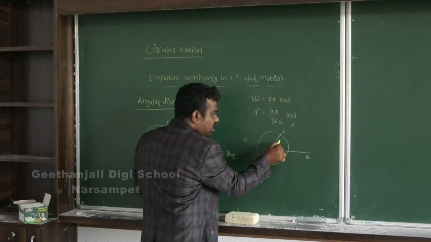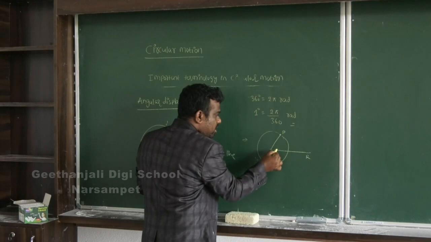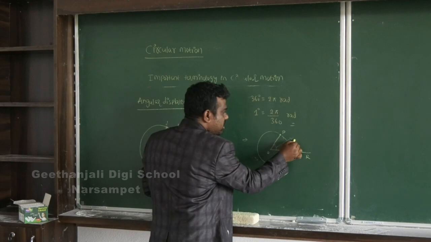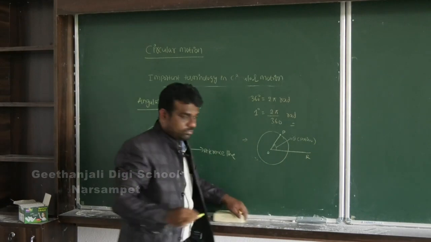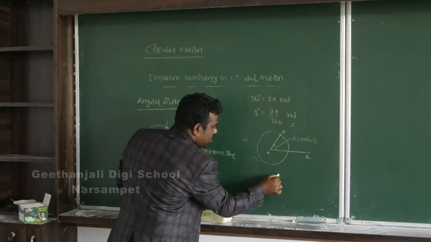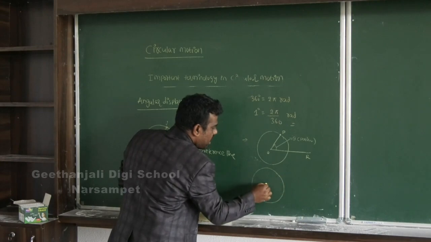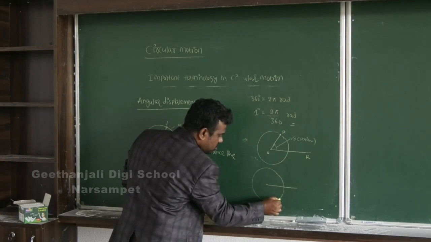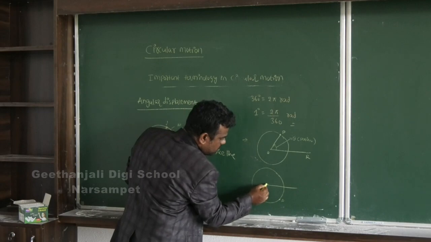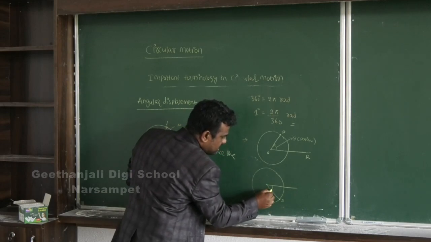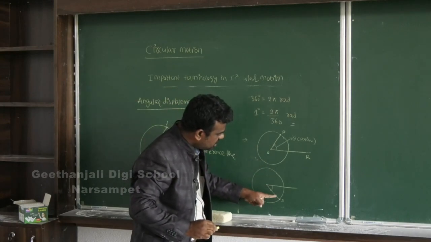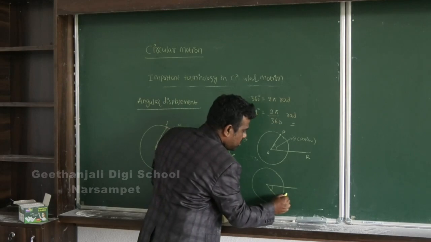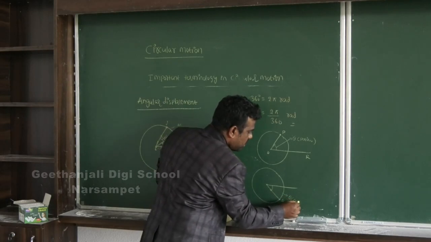So if I measure the angular position of this particle in the anti-clockwise direction, this angular position is taken as positive. If I measure the angular position in the clockwise sense, this angular position is taken with negative sign.